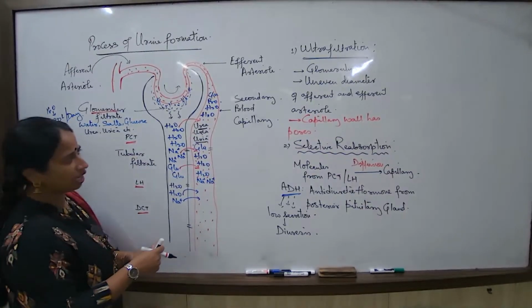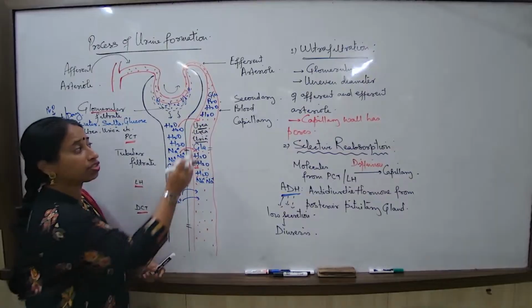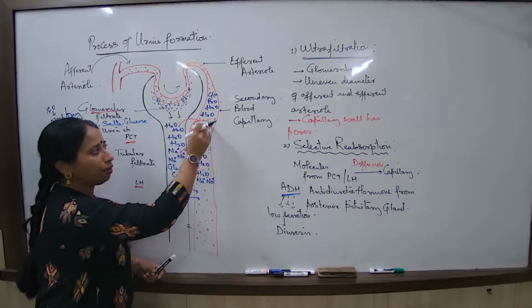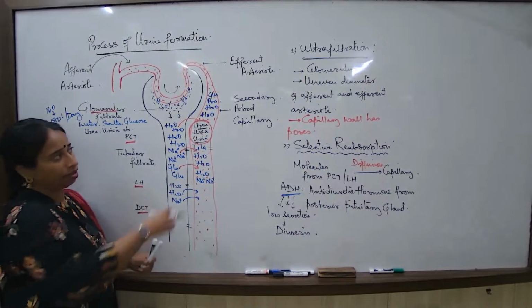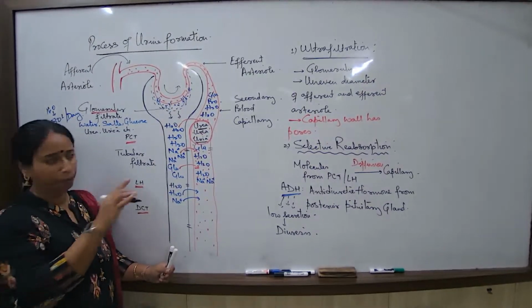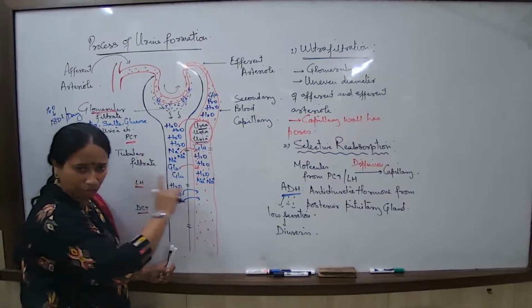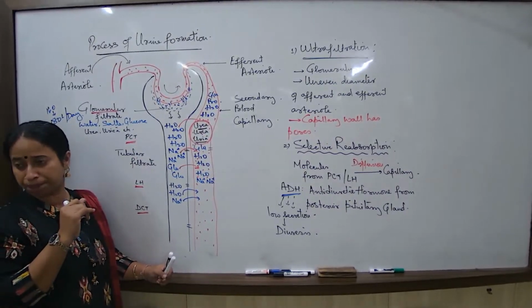But we were also saying that the blood here has a high concentration of urea. Yes or no? I mentioned this also, that the blood in the secondary capillary network, the blood capillary surrounding the PCT and the loop of Henle, has a high concentration of urea.